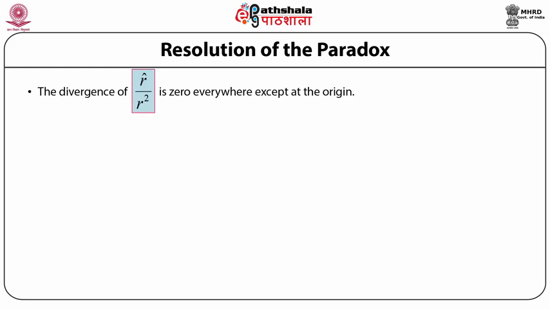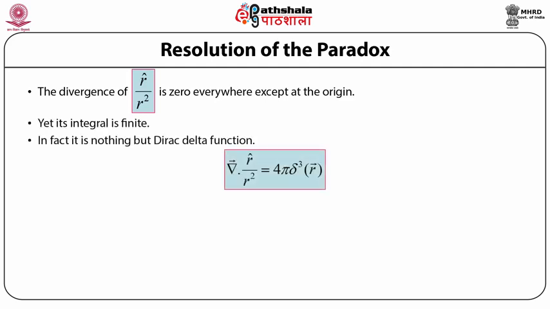However, when we evaluated the integral of this divergence of this function a, that is, we used the Gauss's divergence theorem for this function a, then we found out that the integral turns out to be finite. And it was this result that we used to define our Dirac-delta function.